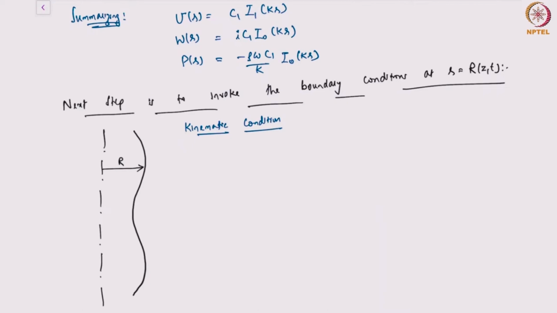So the rate of change of radius is exactly equal to the radial velocity at that location. In other words, del R by del T will simply be the radial velocity at R equals capital R.